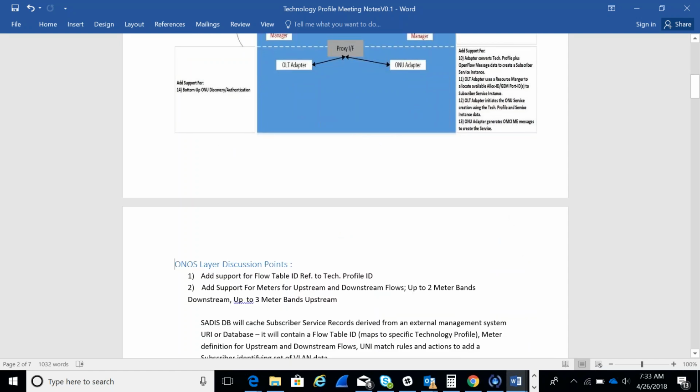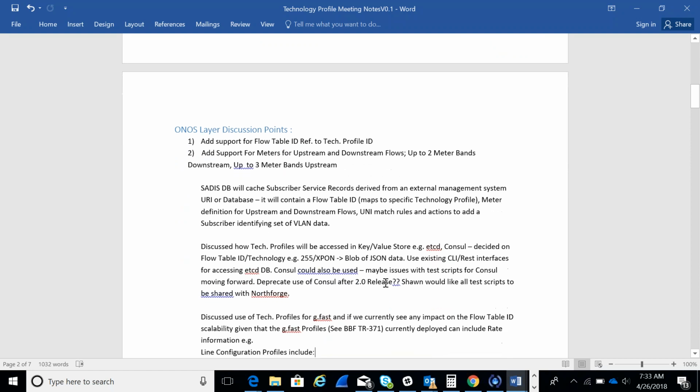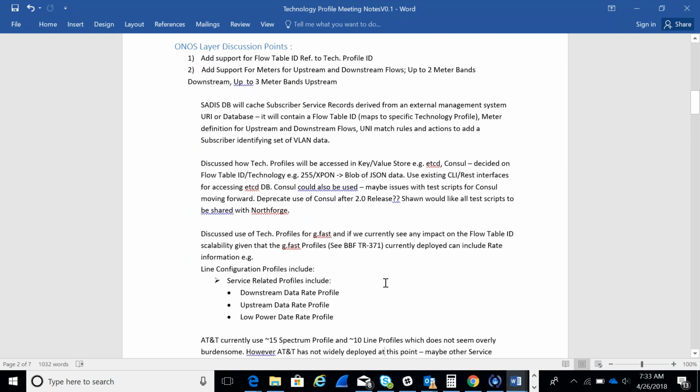The meeting notes basically list my take of what was discussed in the meeting. For each of the bullet points, I brought those down into the body of this document and listed what we talked about. The first points are at the ONOS layer, where we talked about adding support for the flow table ID reference to technology profile ID.